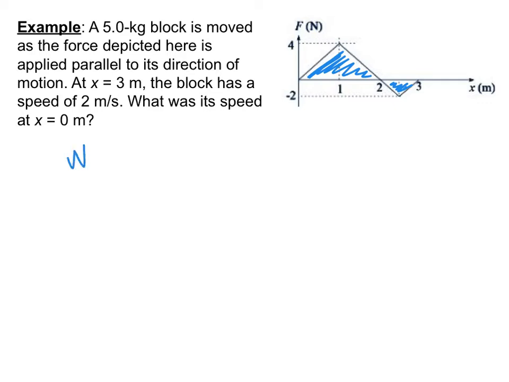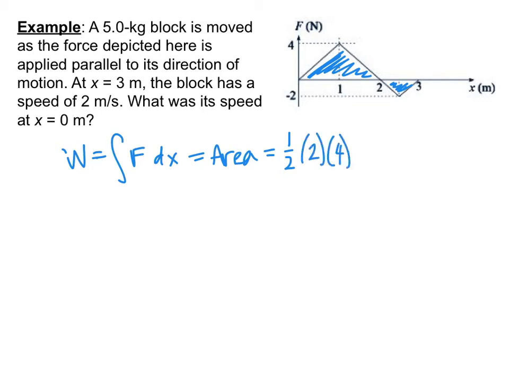Work is the integral of F dx in this case, which we are going to get just by looking at the area of that graph, the bounded area. And so in this case, we would find the area of that first triangle. That's going to be 1/2 times the base, which is 2, times our height, which is 4.